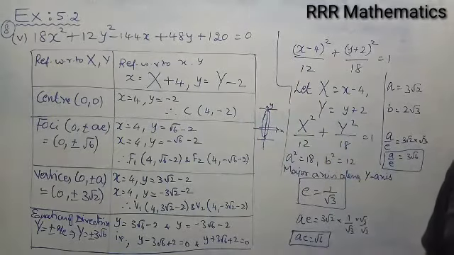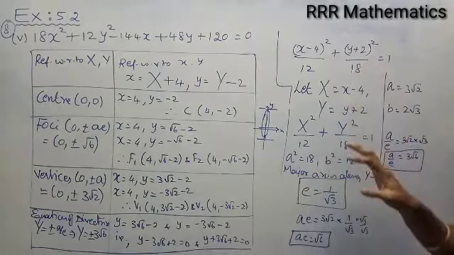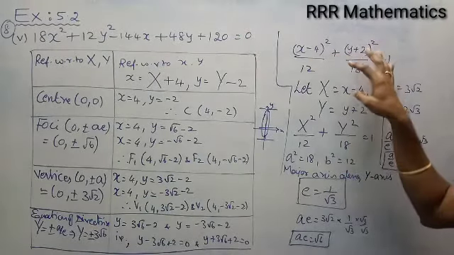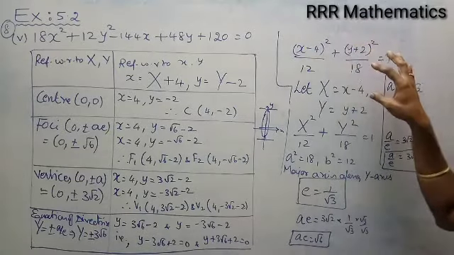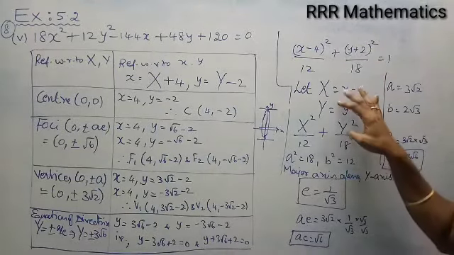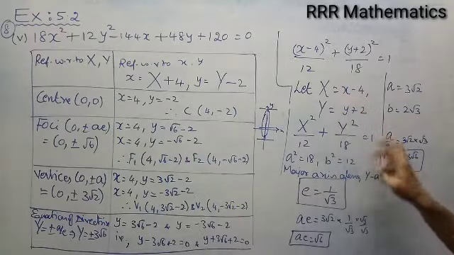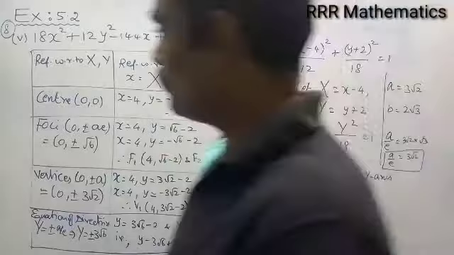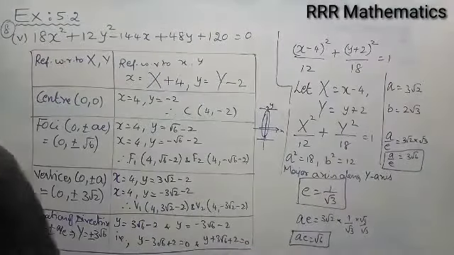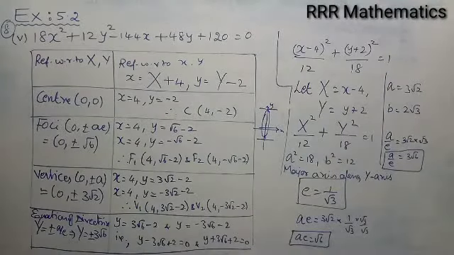The second column shows the center, foci, vertex, Directrix for the given equation. For comfort, we are going to prepare the equation by using the completion of square method to bring it like this. And finally, after substitution of capital X and capital Y, we will get the standard equation of the ellipse. After getting it, we are preparing a table. According to the table, we may find the value of center, foci, vertex, Directrix. Is it clear?